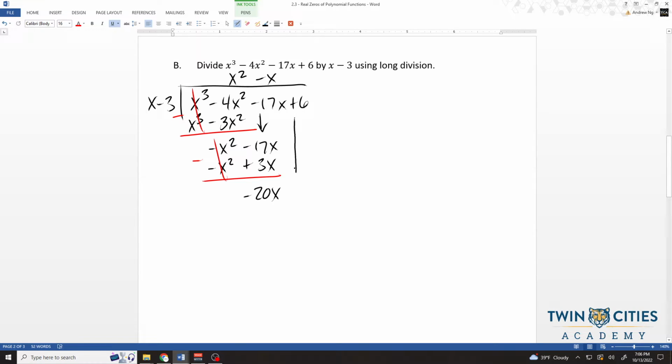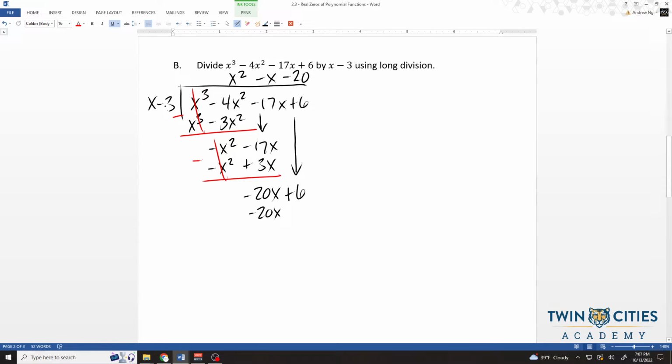And bring down the next term. Okay, and let's repeat all 4 steps again. First step, first term on the inside divided by first term on the outside. Negative 20x divided by x is going to be negative 20. Take this, multiply to all the terms on the outside. So negative 20 times x is negative 20x.